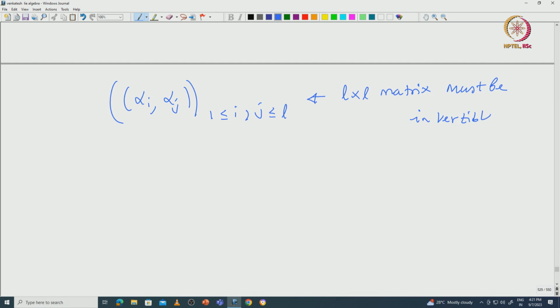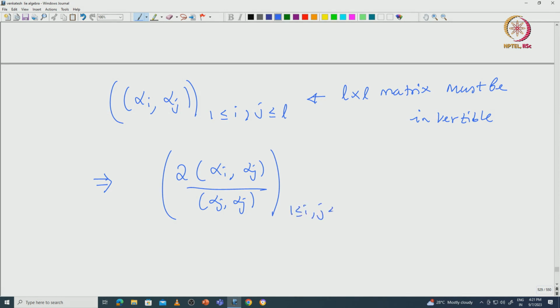Now if this is invertible, and if you multiply each column or row by some non-zero scalar, that also must be invertible. So, this new matrix, 2(alpha_i, alpha_j)/(alpha_j, alpha_j), is also an L by L invertible matrix.